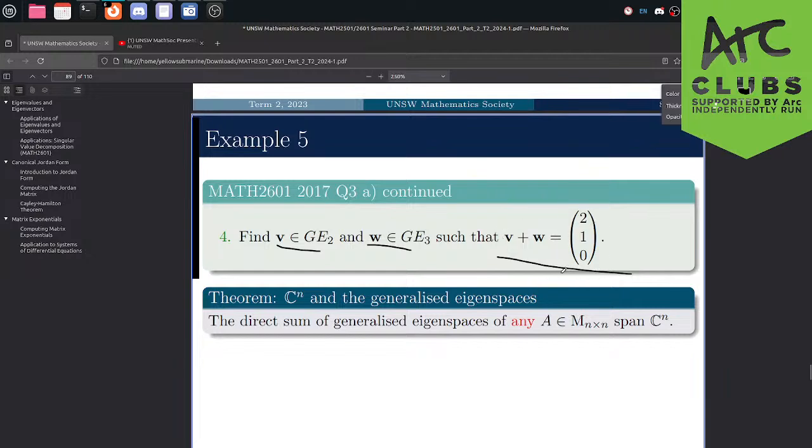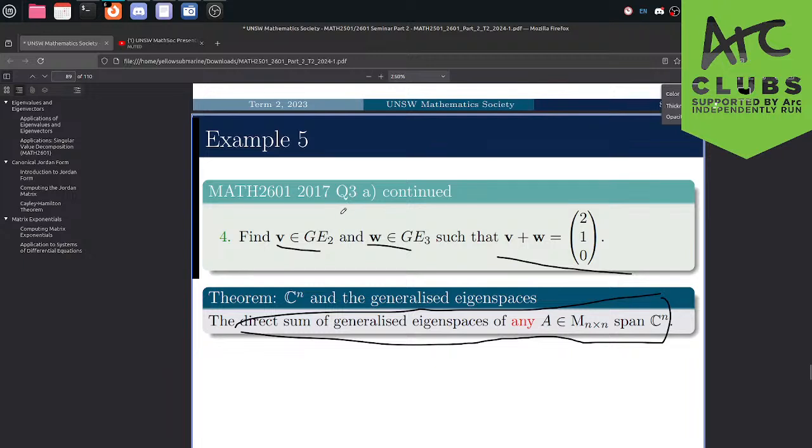And again, note, this has been stated before, but because the algebraic multiplicities correspond to the dimensions of the generalized eigenspaces, the direct sum of the generalized eigenspaces must be your entire space, written exactly here.